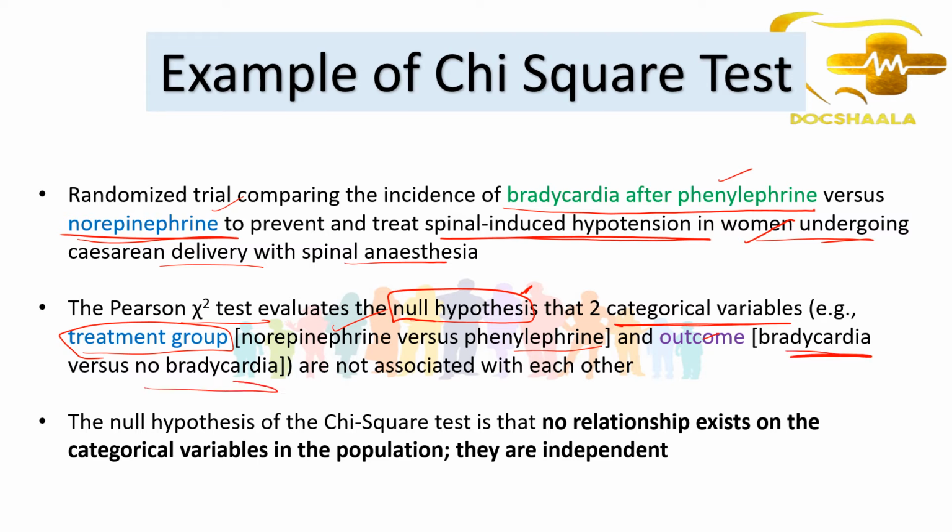We are going to see whether these two variables, treatment group and outcome group, are associated with each other or not. The null hypothesis of the chi-square test is that no relationship exists between the categorical variables in the population, so they are independent.